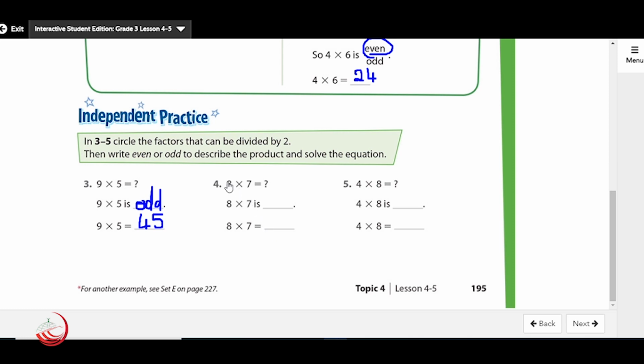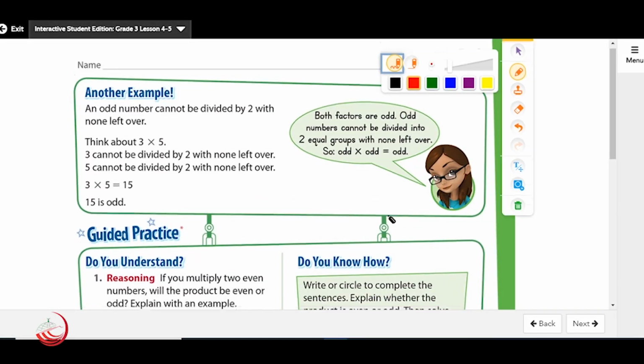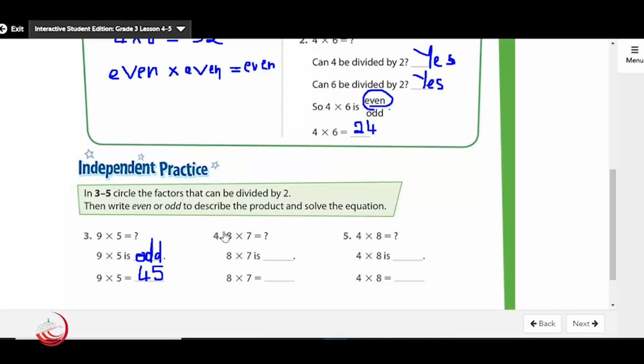I'll give you numbers 4 and 5 as homework. It's very easy. I think you will do it right now while I am circling slowly the numbers.